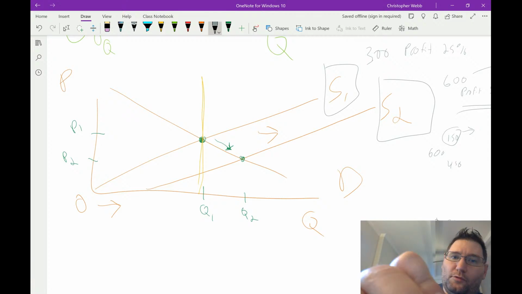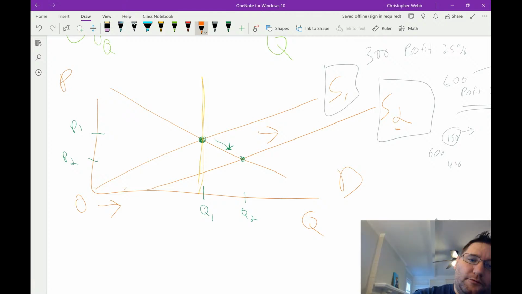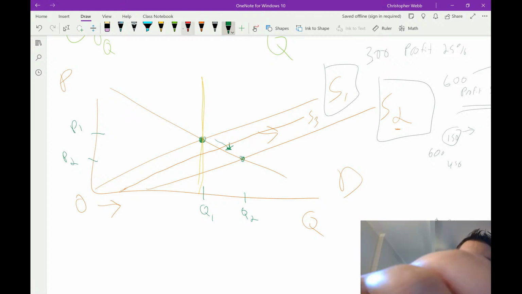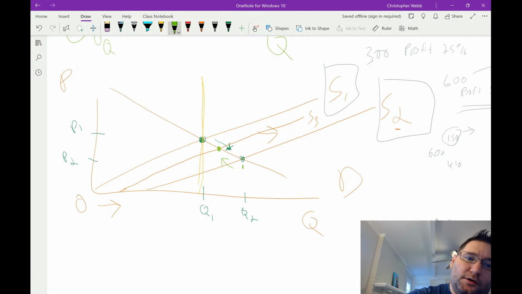So we're going to move from supply curve 2 to, we'll split the difference here, supply curve 3. And from this point, we put upward pressure back on the price and we come to price 3 at quantity 3.